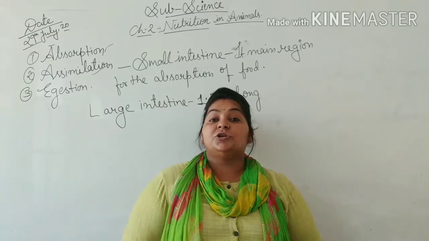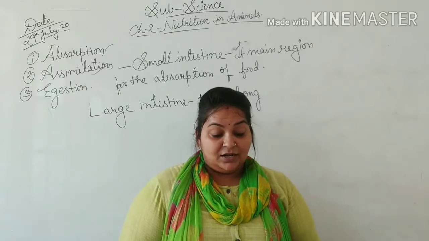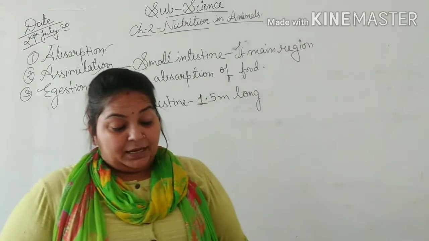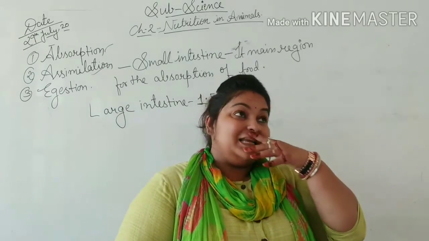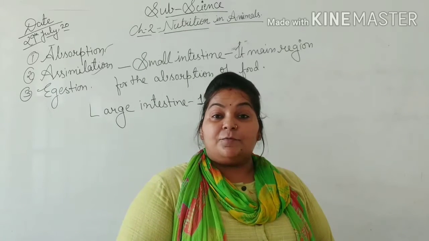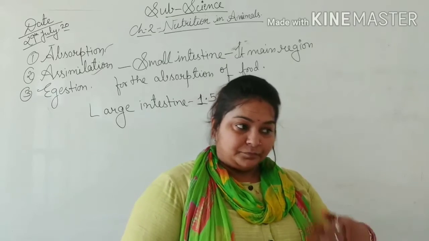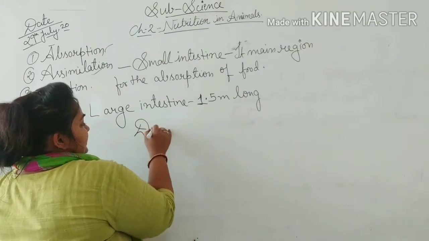The almost solid wet waste is then sent to the rectum. This wet solid waste is called feces, and it leaves the body through the anus from time to time by a process called defecation. I have already made you understand the word defecation, isn't it?